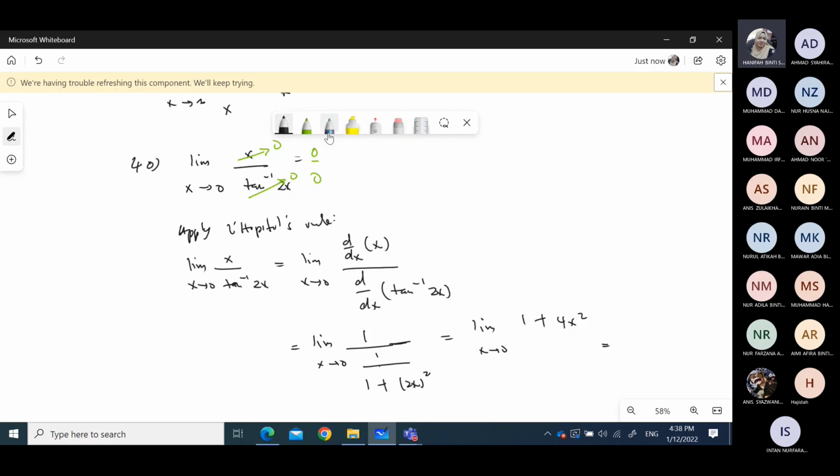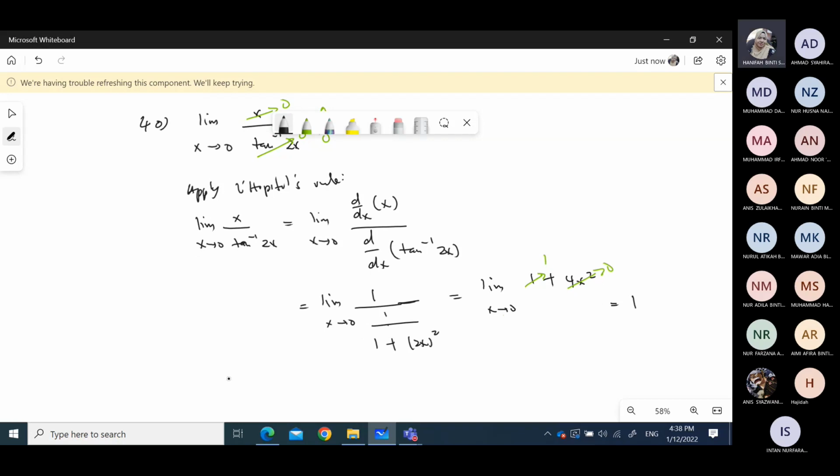Finding the limit: for 1 we have 1, and for 4x squared, x is 0, so 0 to the power of 2 is 0. Therefore the answer is 1. So the limit as x approaches 0 of x over tangent inverse of 2x is equivalent to 1.